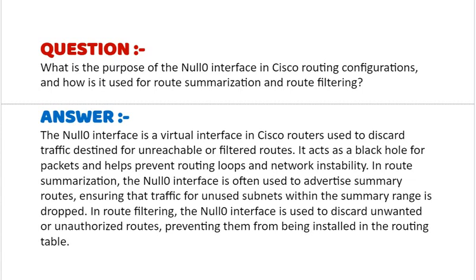In route summarization, the Null0 interface is often used to advertise summary routes, ensuring that traffic for unused subnets within the summary range is dropped. In route filtering, the Null0 interface is used to discard unwanted or unauthorized routes, preventing them from being installed in the routing table.